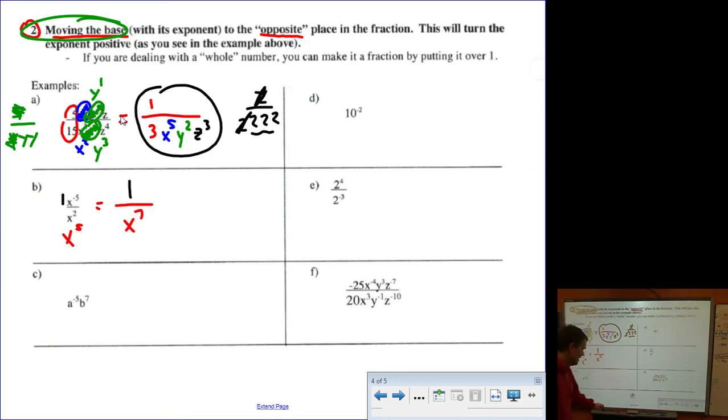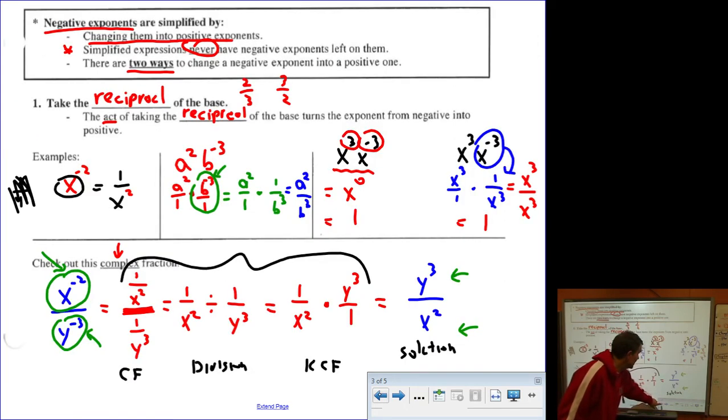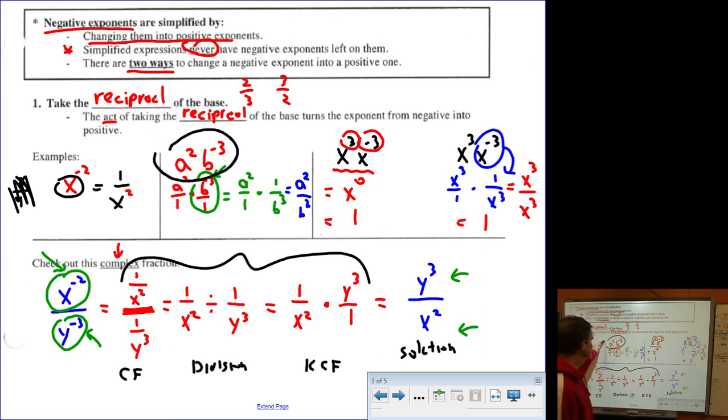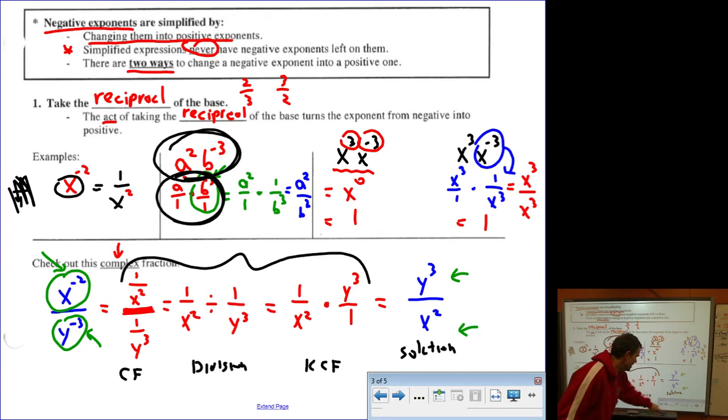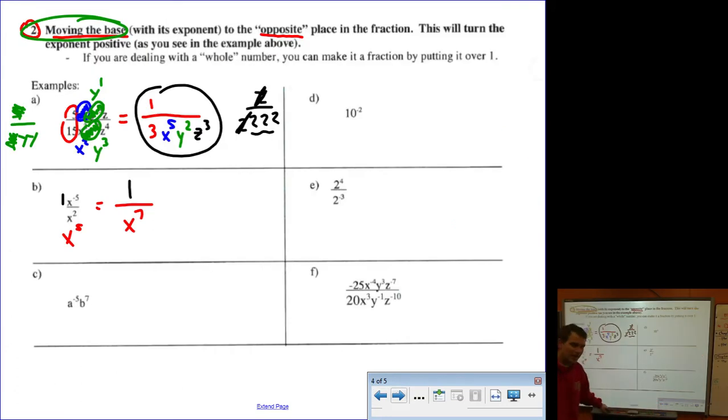All right, example C is similar to this example we did on the front right here. But I'm going to show you how to do it, in my opinion, a better way now. I'm not going to want to write out this multiplication problem. Instead, I like this method we use on the back much better.